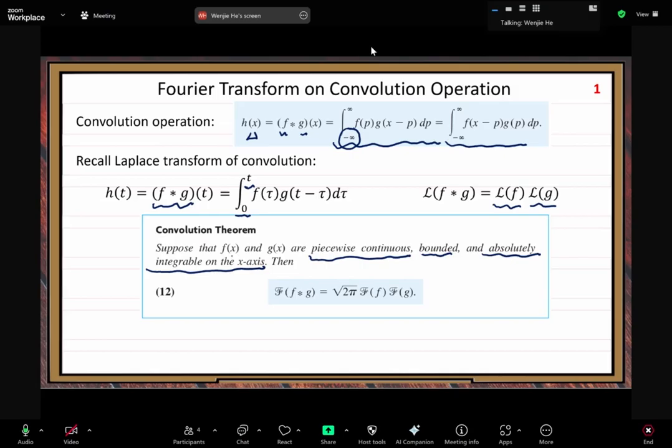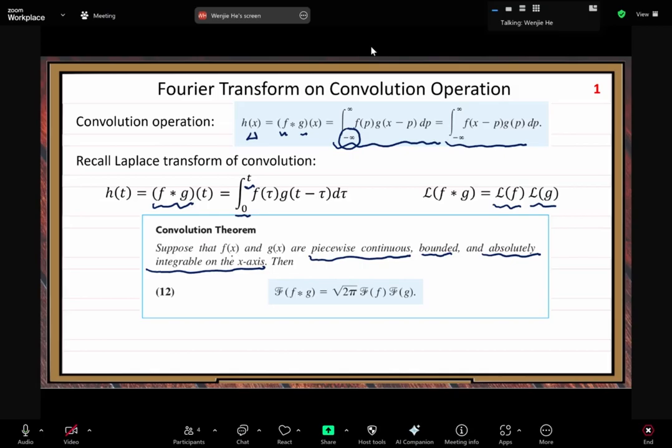If the functions are absolutely integrable, then the integral of the absolute value is convergent, not divergent. Under these conditions, we can apply the Fourier transform.